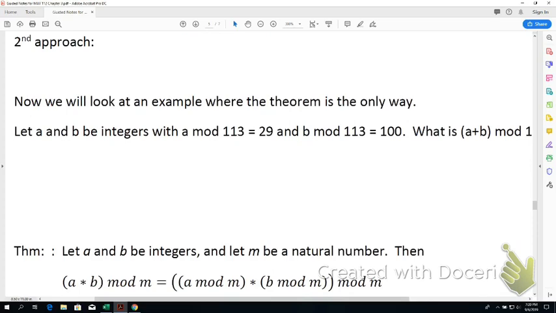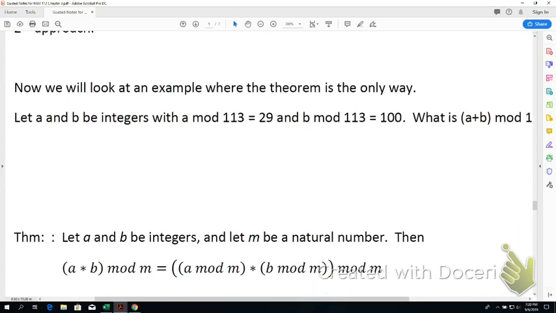Let's say a and b are integers, and a mod 113 is 29, and b mod 113 is 100. What is (a plus b) mod 113? So I'm looking for (a plus b) mod 113. Well, I'm just going to use the theorem we just talked about.